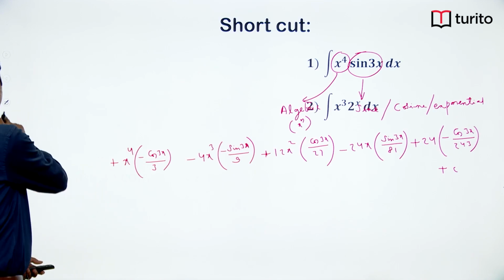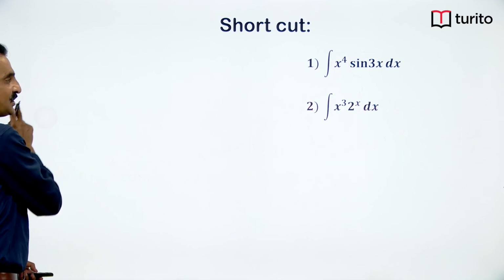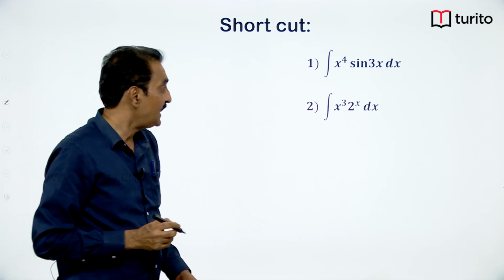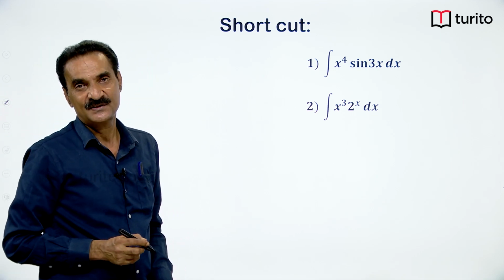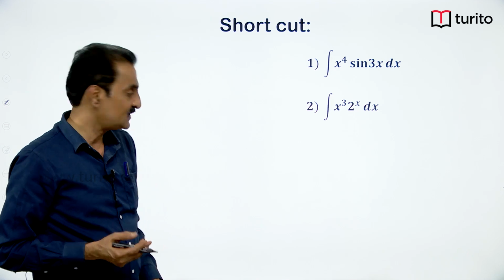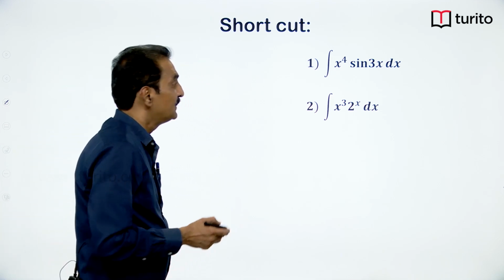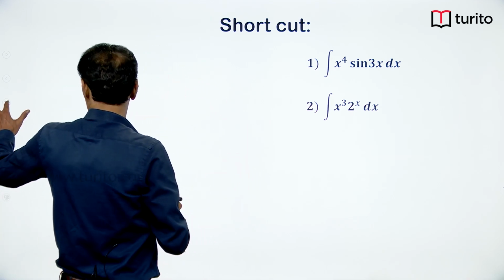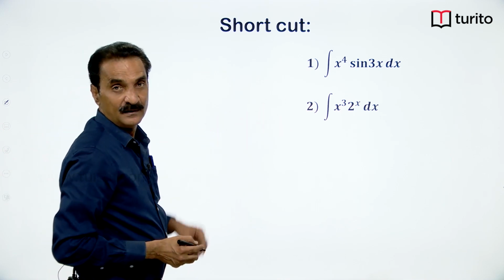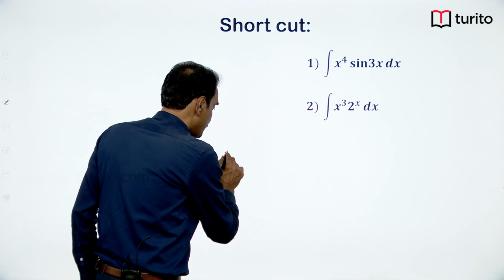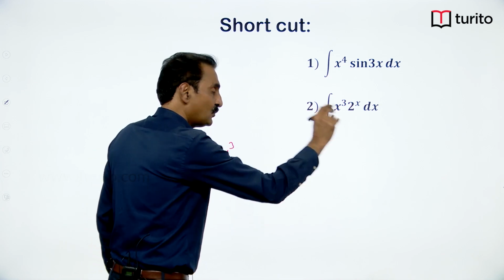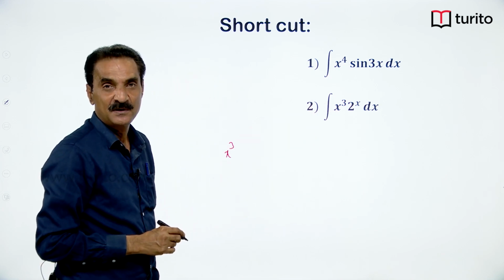Now, let us solve one more question on this shortcut formula. Integral x cube into 2 power x dx. 2 power x is also an exponential function. First, x cube, go on differentiating it as far as possible.